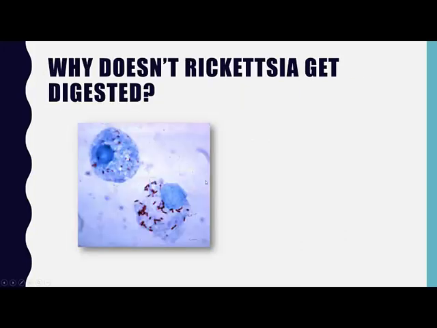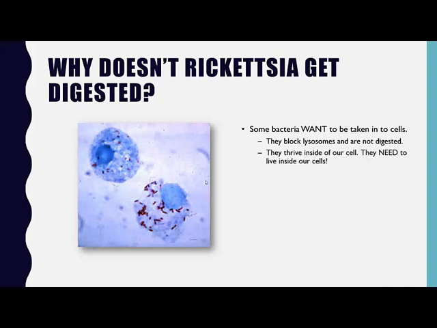Hey, why don't these bacteria die? The rickettsia, in fact, is living inside our white blood cells. Why aren't they being digested? Turns out some bacteria want to be taken into the cell. Being taken in or phagocytized does not mean digested. Some bacteria actually block those lysosomes and are not digested.